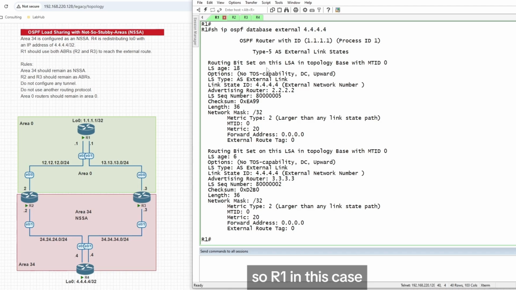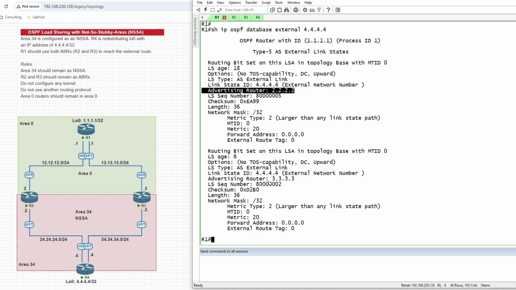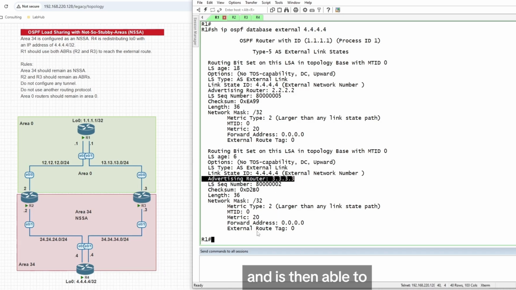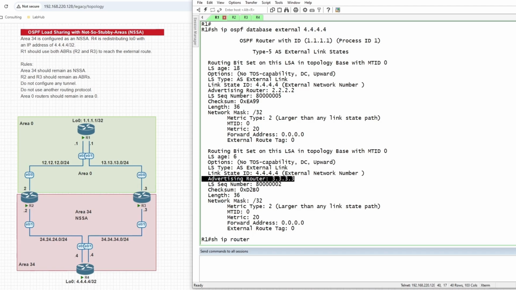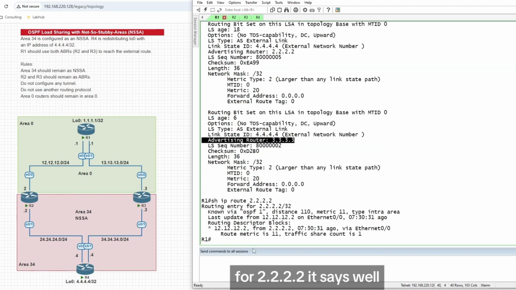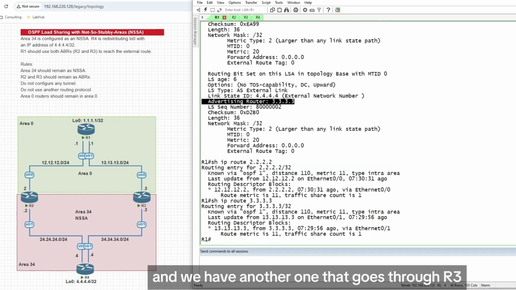So R1 in this case, because two separate routers advertised this, R2 and R3, is then able to, so if we recurse and look at show IP route for 2.2.2.2, it says, well, this goes through R2, and we have another one that goes through R3.